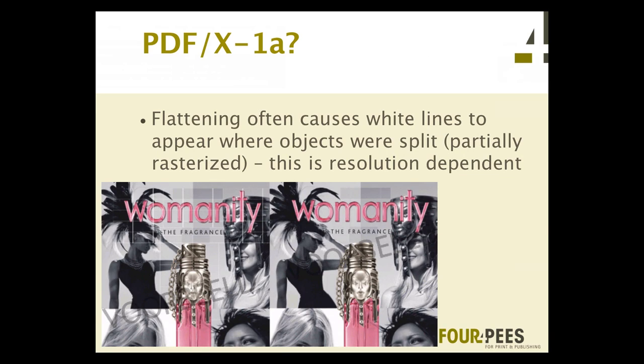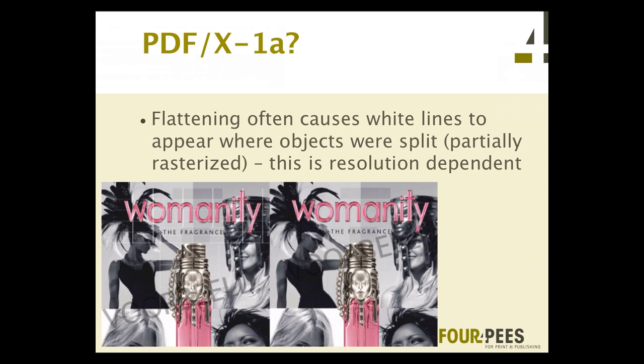The bigger problem is not the size and the complexity of the file. The bigger problem is what is called the white line problem, which means that if you flatten the file and you look at it on a mobile device, depending on the resolution and the reader itself, perhaps, you have a chance of seeing small white lines appear where different objects, different elements of the file that have been flattened touch each other.